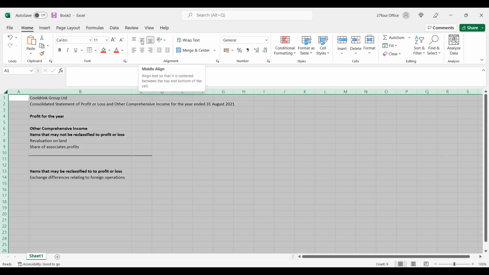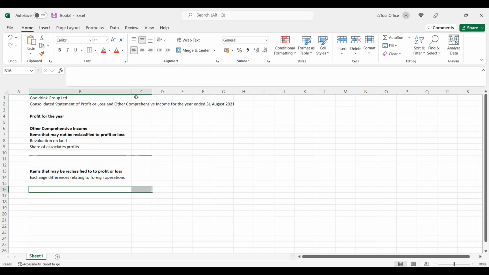Once again, I'm going to leave a space over there, then that's going to be the total. We're going to add up these and get a total. We're going to add up these and get a total. Then that will end up being other comprehensive income for the year.